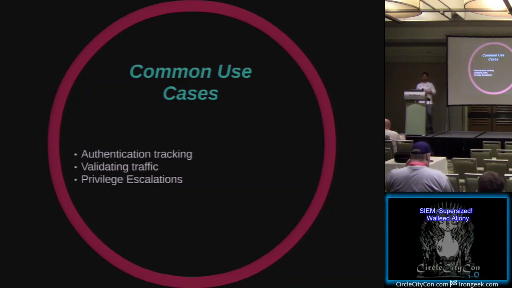Another is validating traffic for users or your network. If you see a bunch of your users utilizing Dropbox, or if they're on iTunes all day, they can clog up your network, and seeing users go from user to being an admin, that's something that you want to watch for within your environment.